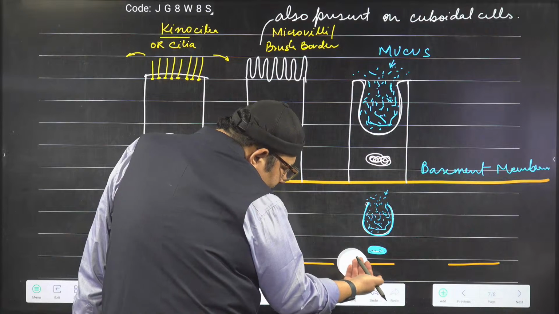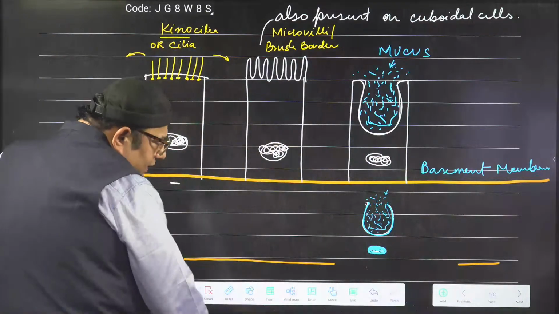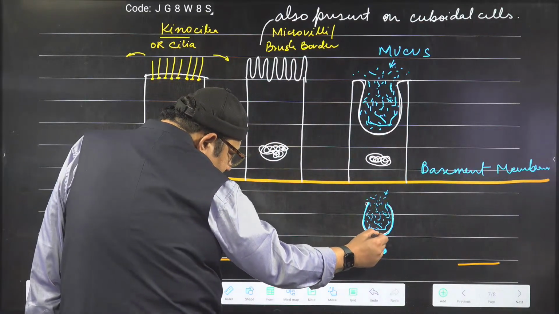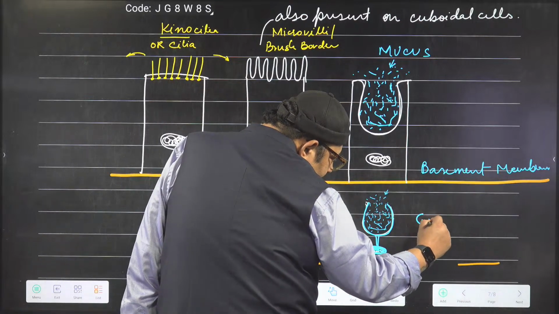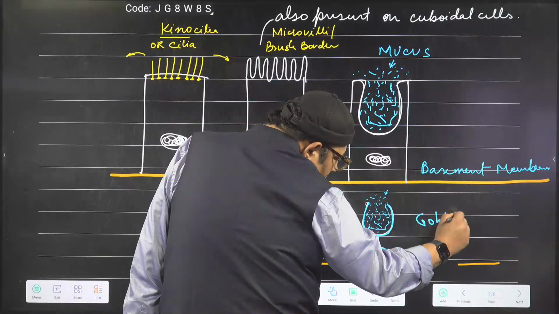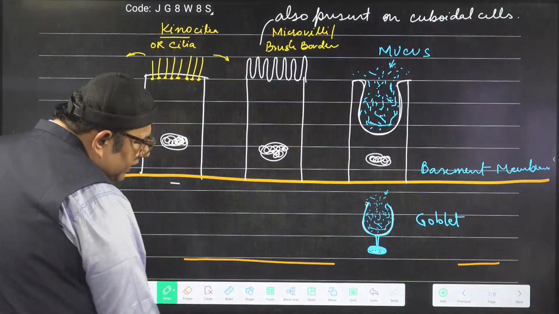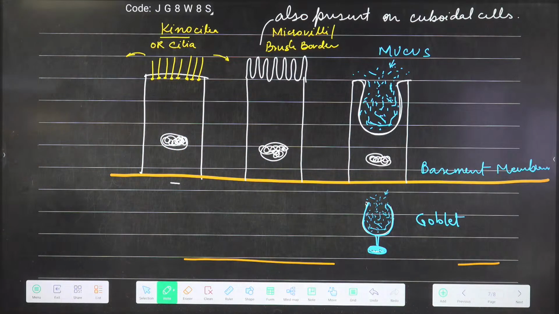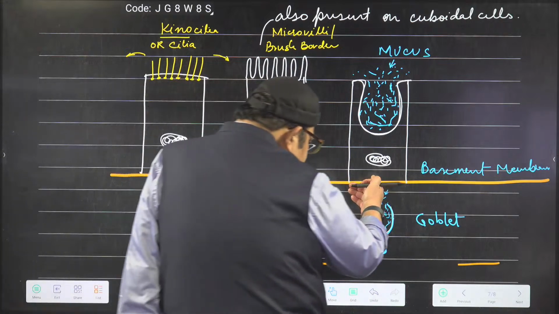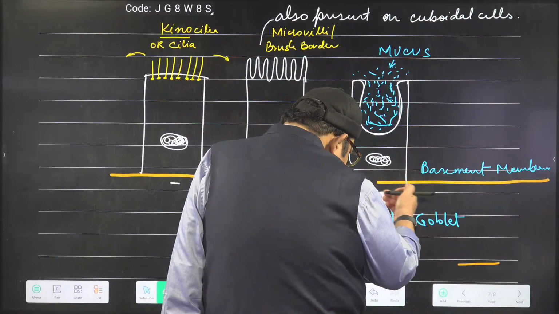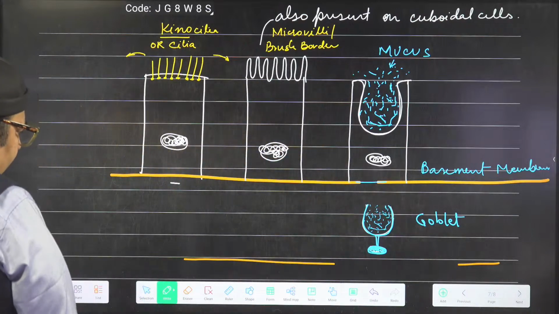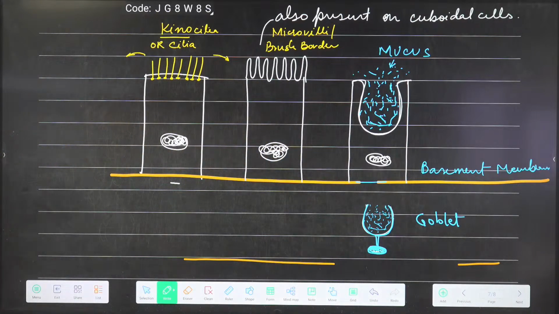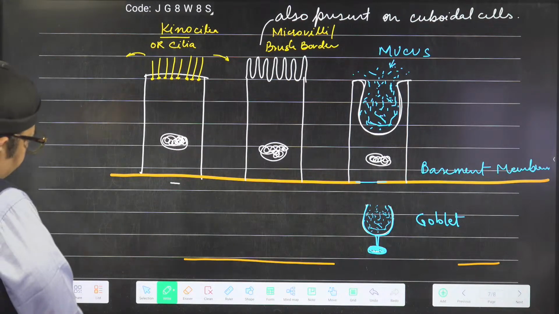If I remove the outer margin, it looks like there is a cup inside the cell. What is the name of this cup? This type of cup is called a goblet. Different types of cups: we have coffee mugs, tumblers, and goblets. This type is called a goblet, and it looks like there is a goblet inside the cell.